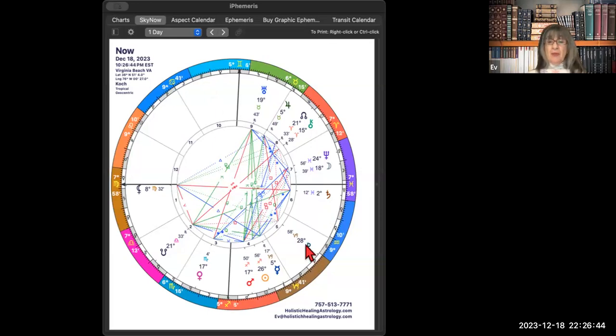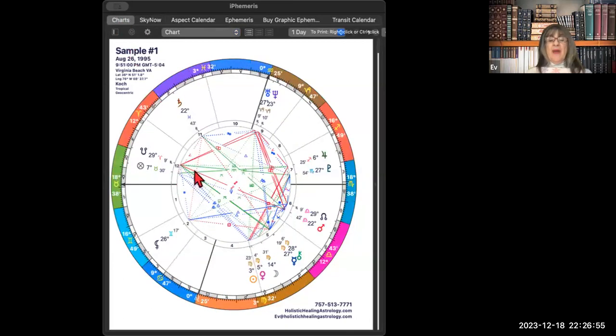But if you don't have a program like this, what you do is you go back to the chart, let's say 29 degrees Capricorn. So we're going back here and we're going to look for Capricorn. There's Capricorn, 29 degrees.